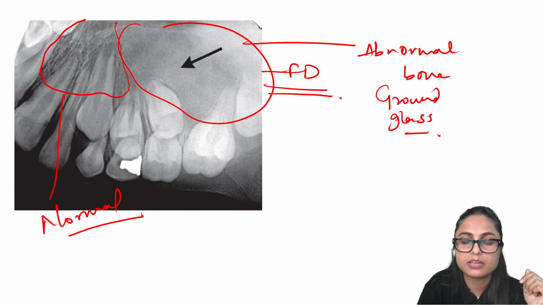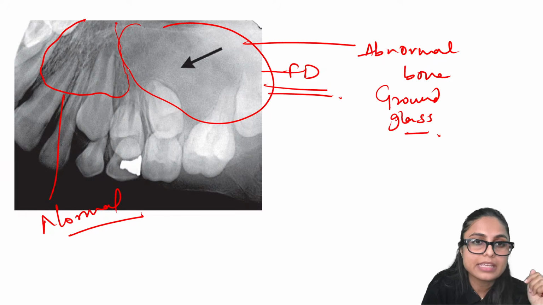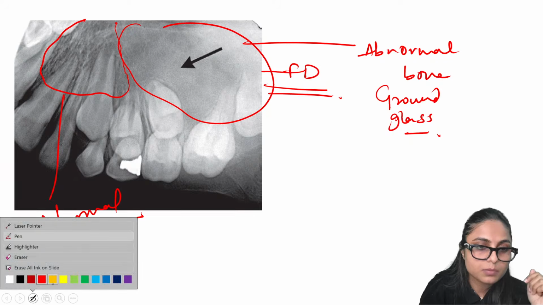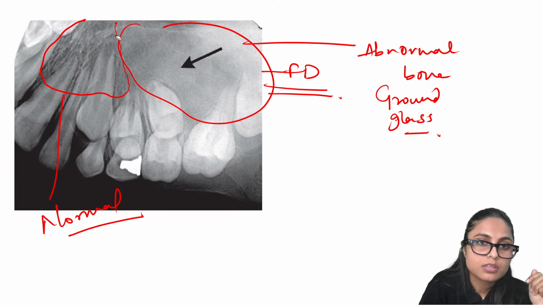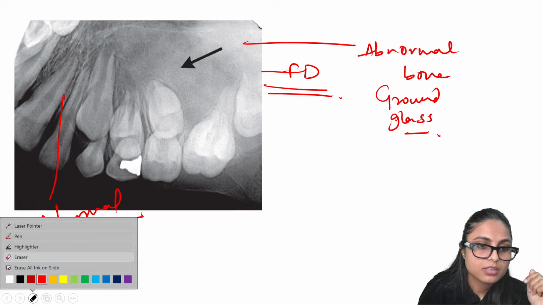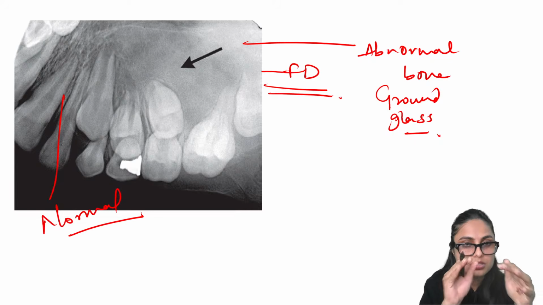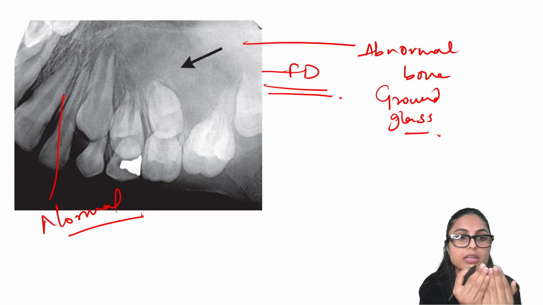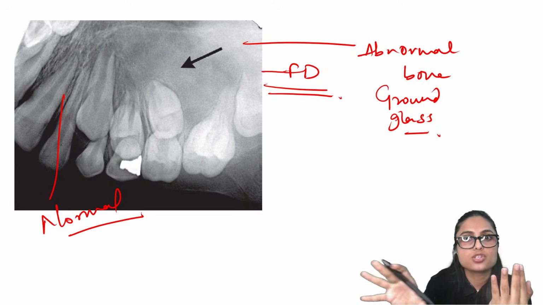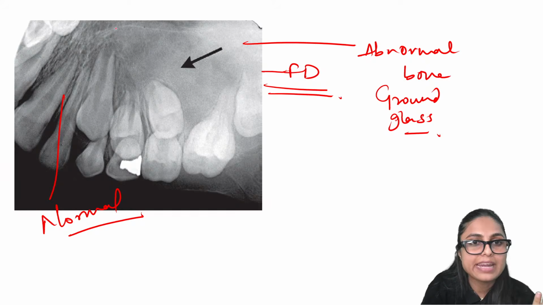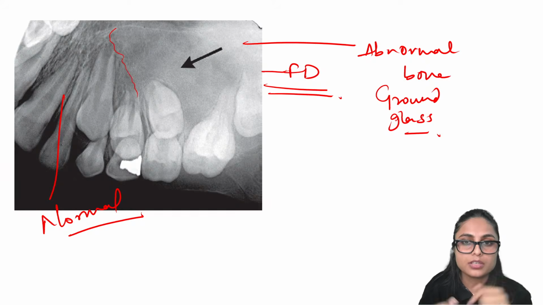Ground glass appearance. And the borders are blending. You cannot see the margin of it. You cannot differentiate just by looking at it, to say yes, this is a different lesion. Borders are blending over here. So this is about fibrous dysplasia.